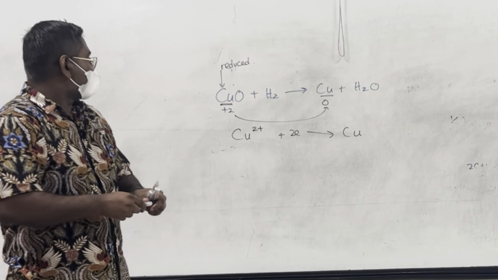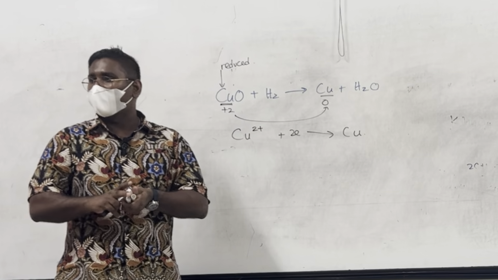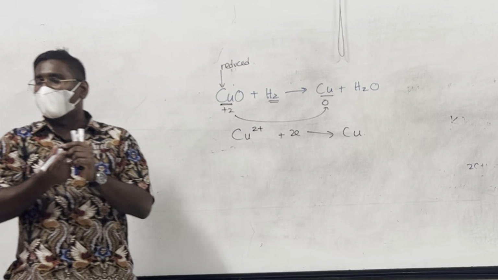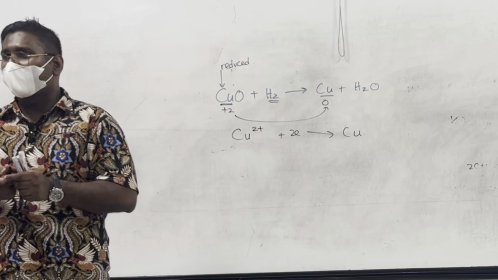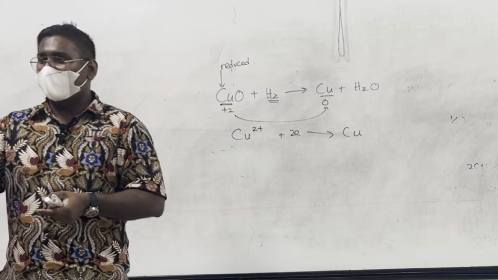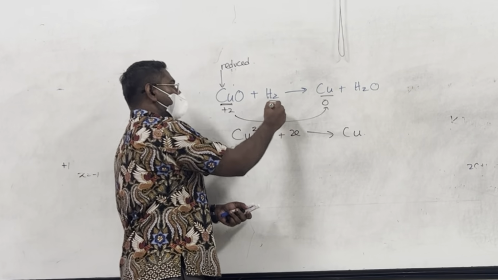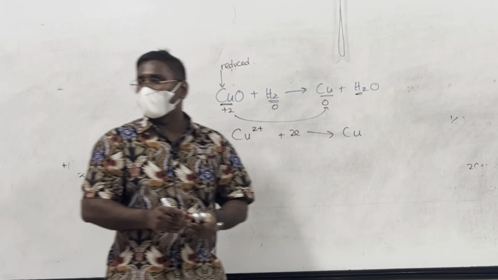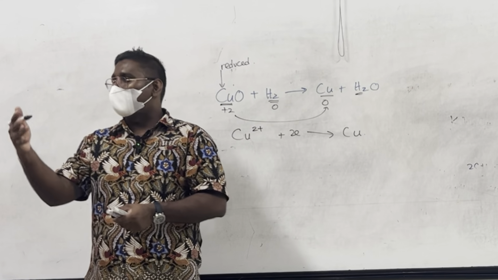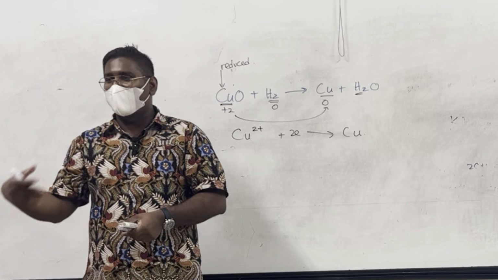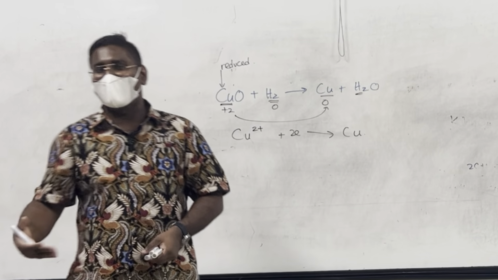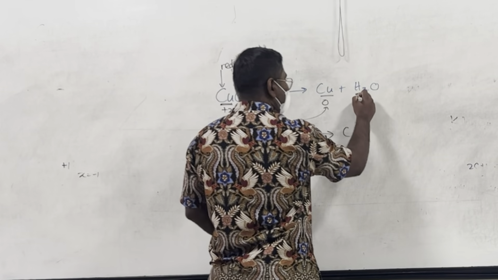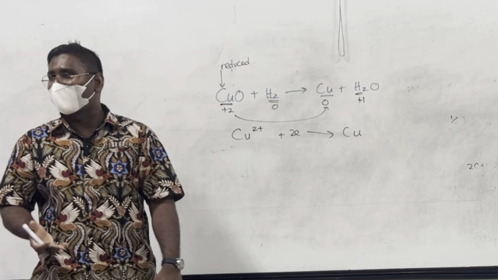Now let's look at hydrogen. To answer your question, what is the oxidation number of H2? Together, 0. What is the oxidation number of hydrogen here? Hydrogen is always +1, except for metal hydrides.